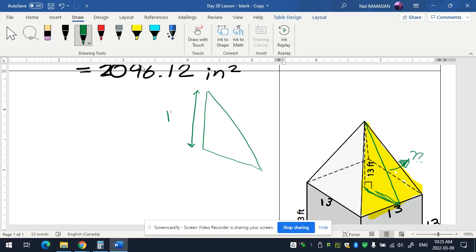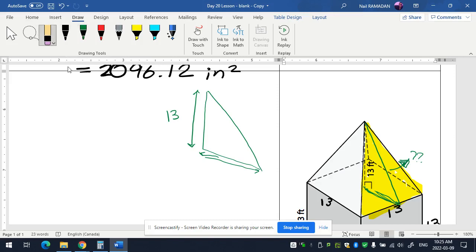Can someone tell me how I can find this? No, you're right. If this is 13, then from here to here is half, and from here to here is the other half. Nice.